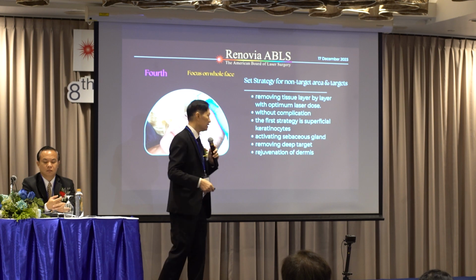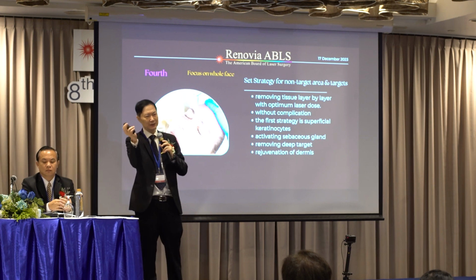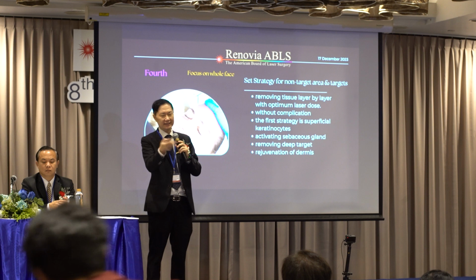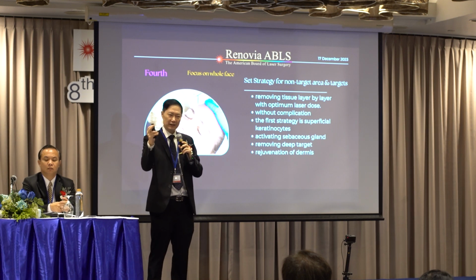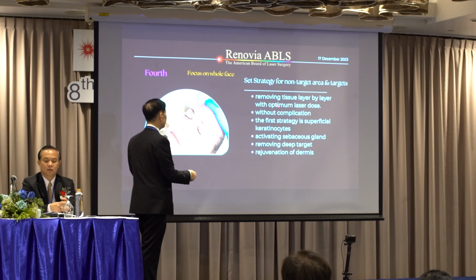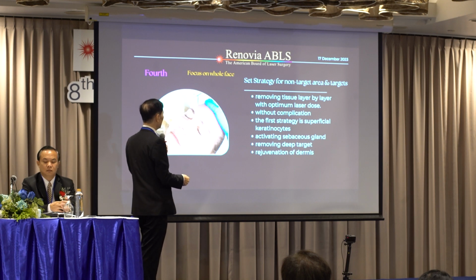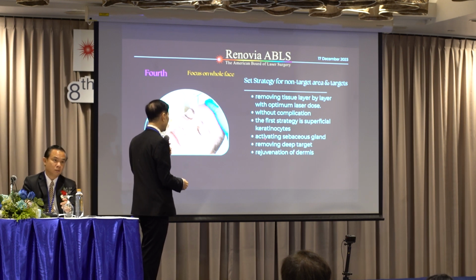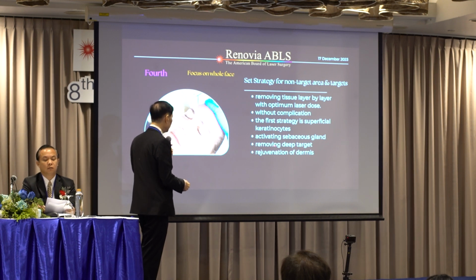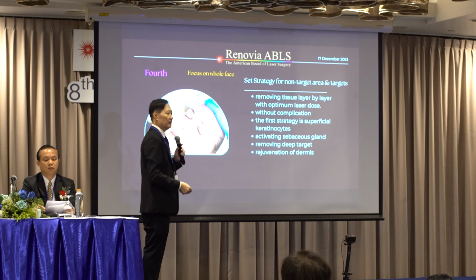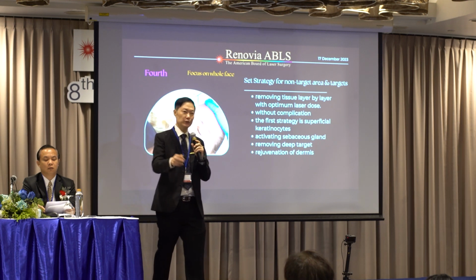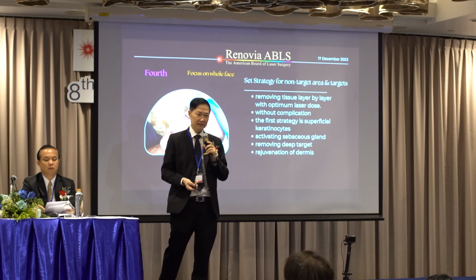You get complication. But if you slice it into small pieces, slice by slice, and remove slice by slice, it's much safer, so you won't see complication. The first strategy is to remove superficial keratinocytes, activating the sebaceous gland, and then later you remove the deep target. And the last one is to rejuvenate the dermis.